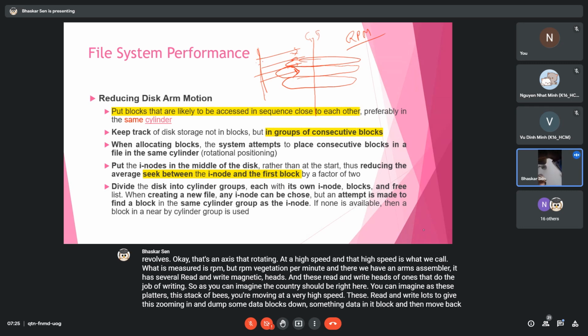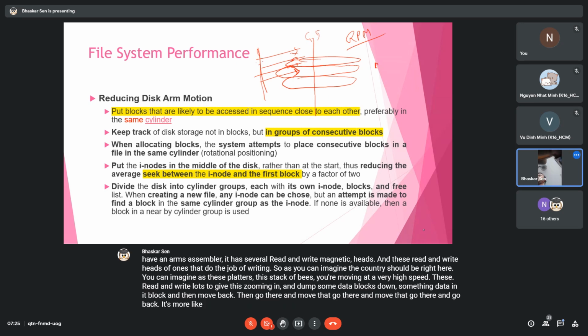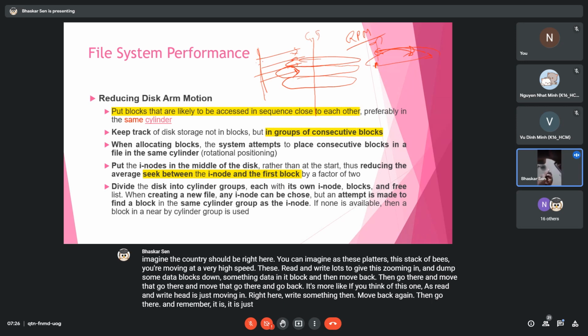Then go there and move back, go there and move back. It is just moving this way and that way.